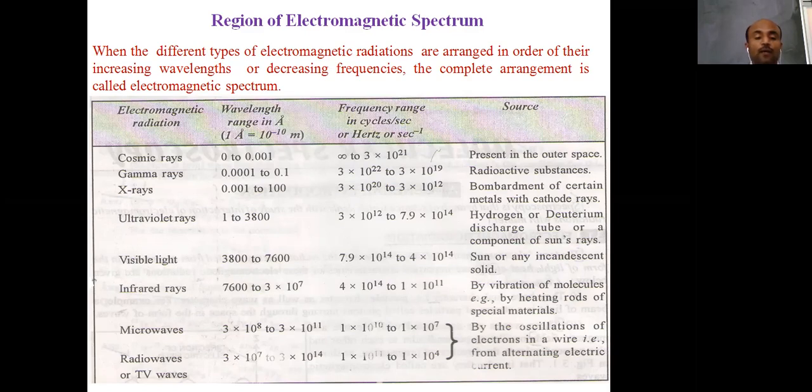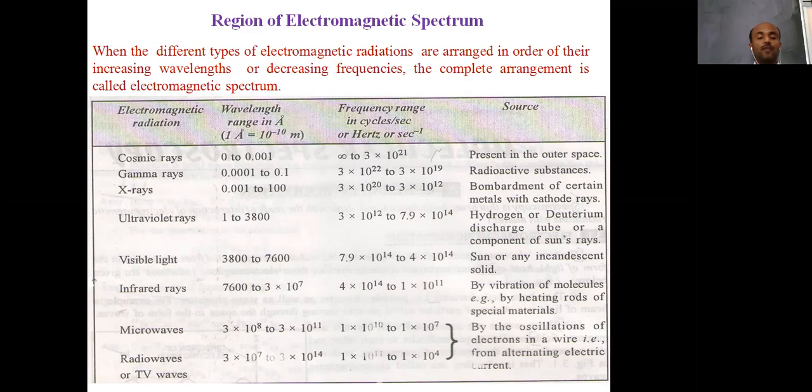Then we have ultraviolet rays, whose wavelength is 1 to 3800 angstrom, and the frequency range is 3 × 10^12 to 7.9 × 10^14. A hydrogen or deuterium discharge tube, or a component of sun rays, is a source of ultraviolet rays.